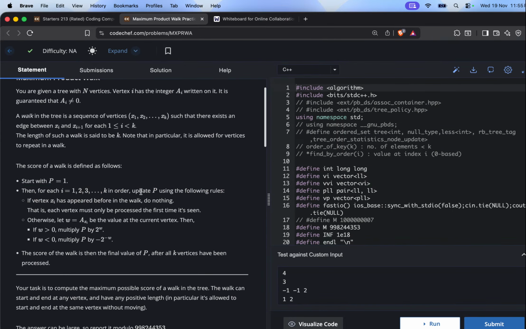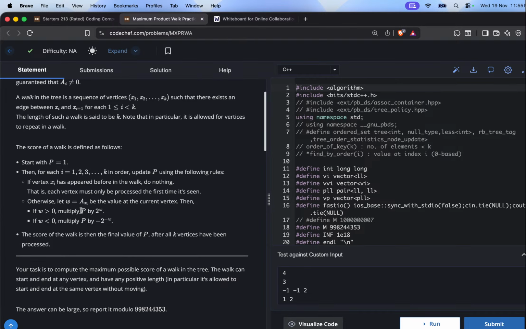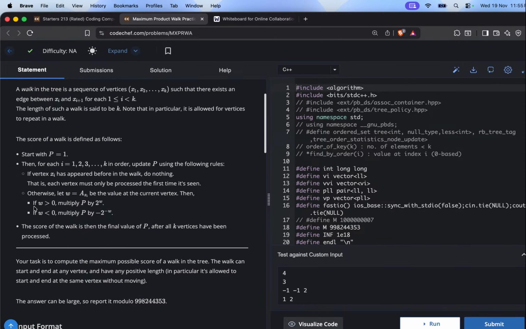Then for each index, move to the node given. If the value at that node w is positive, multiply our p with 2 to the power w.